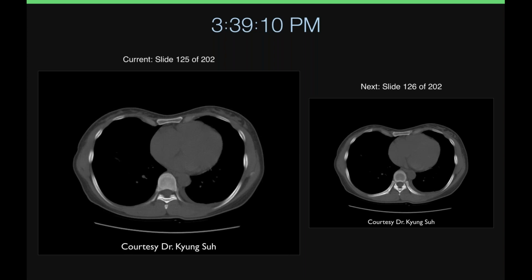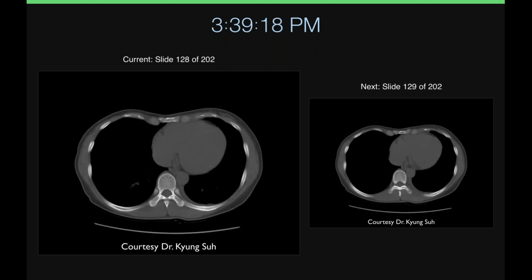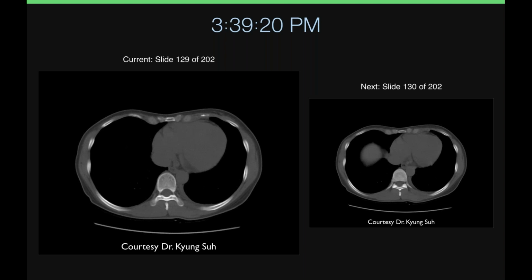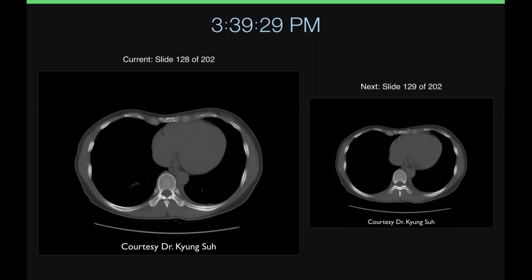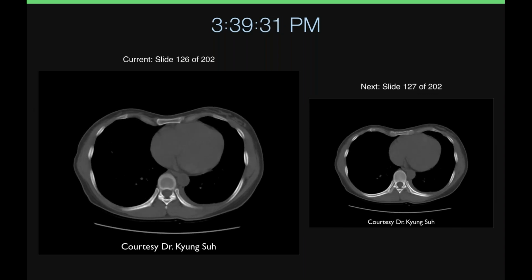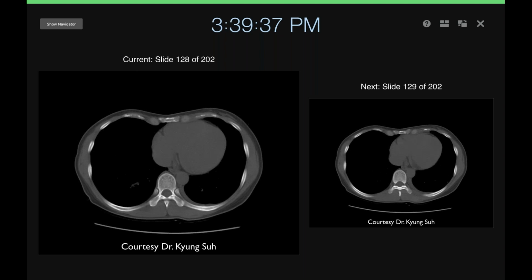So, bone window. The spinous process fracture there. Some soft tissue thickening.